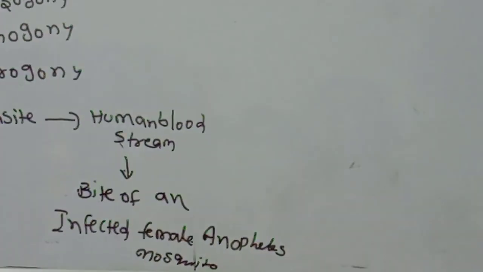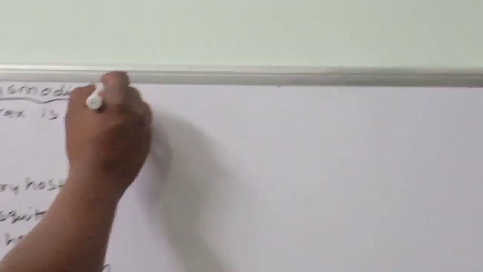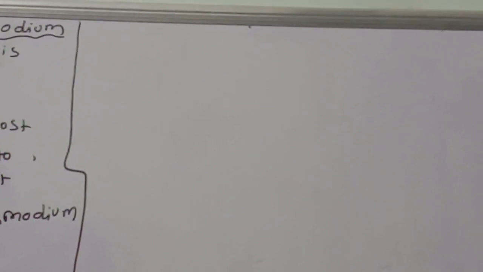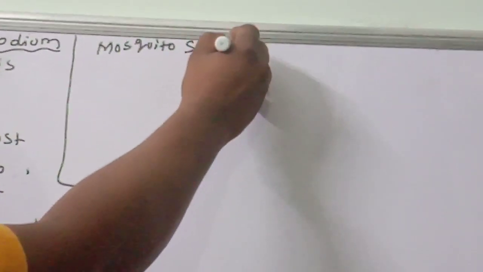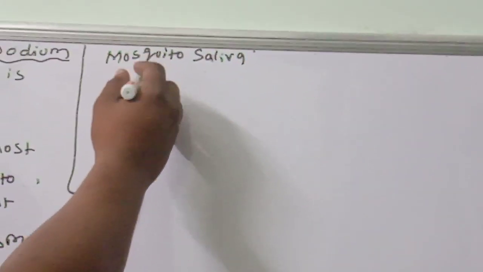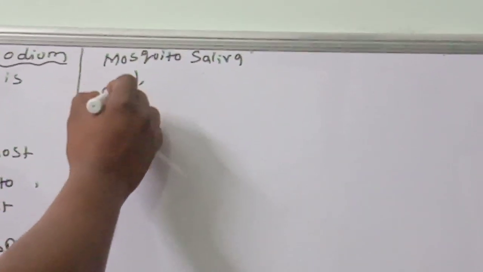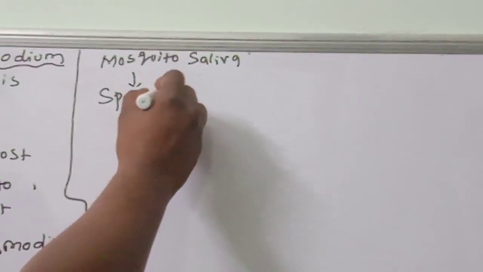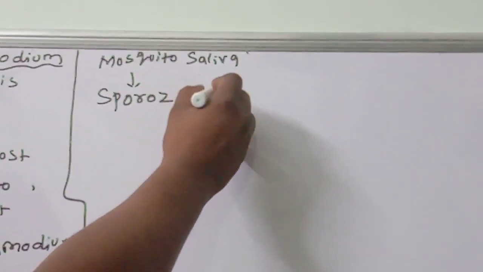Okay, children. Where did it enter? Female anopheles mosquito. Next, what will happen? That one we are going to check. As this female anopheles mosquito feeds, it injects saliva containing sporozoites.